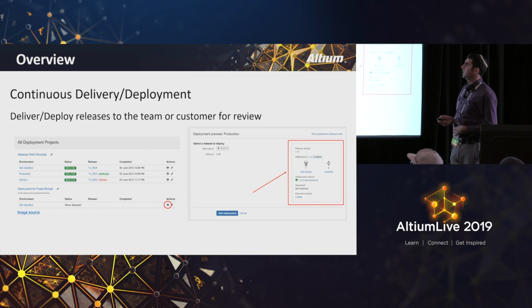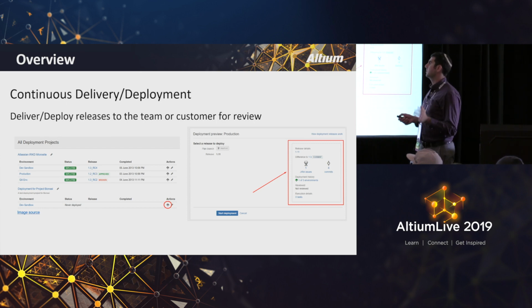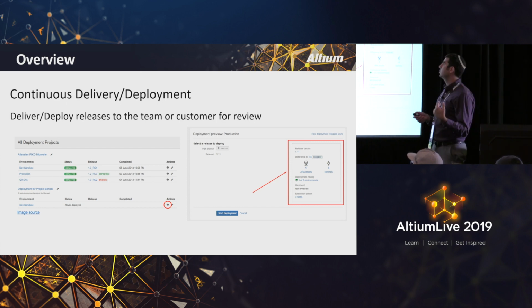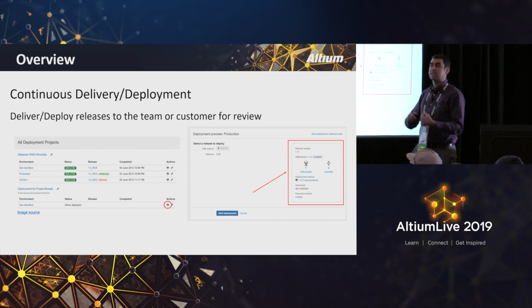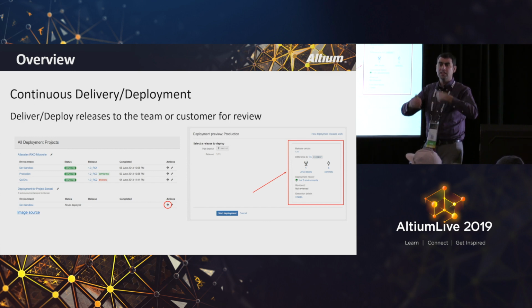Continuous delivery and deployment. So delivering and deploying releases to customers for review. So a customer could be your team, it could be somebody outside, it could be somebody inside. So the whole idea is every time you do a commit, it goes through the continuous integration, it gets built, it gets checked, okay, it's ready to go.